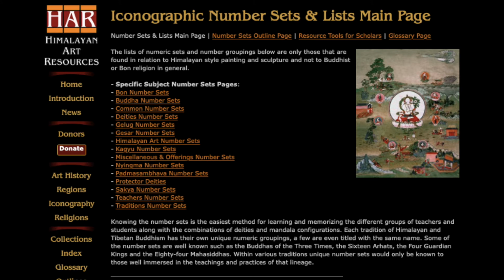Buddhism is full of different types of lists, and these lists are often numbered, and they're sequential. You memorize them in a sequential way. But also for art, we have number sets, and for iconography, we have number sets.